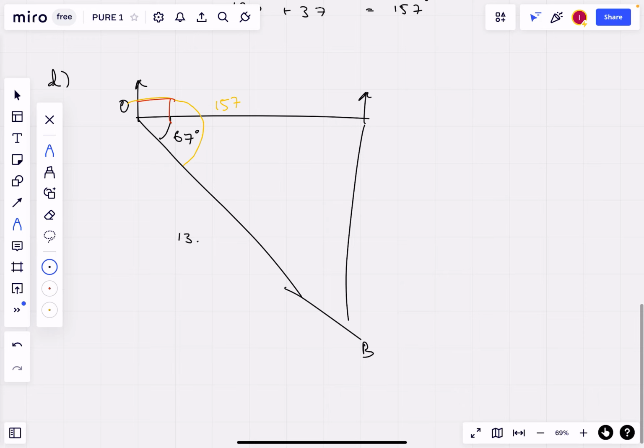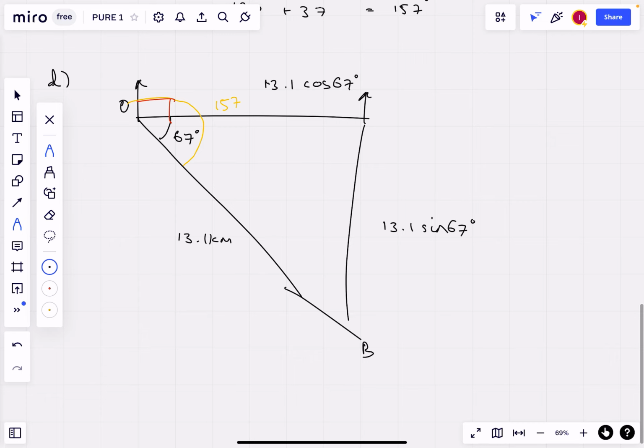This is 13.1 kilometers. So again, can you resolve vertically? Can you resolve horizontally? Can you find out what this is and what this is using the whole sine and cos thing we did earlier? The horizontal will be 13.1 cos 67 because we're adjacent, and 13.1 sine 67 because we're opposite to the angle.